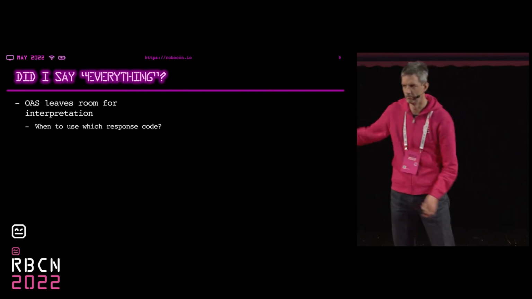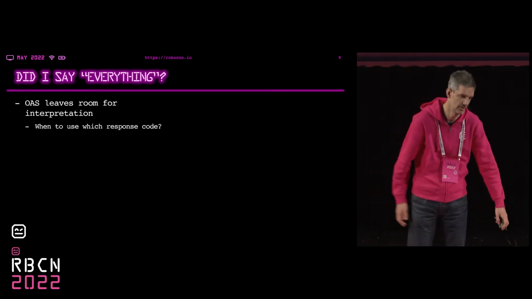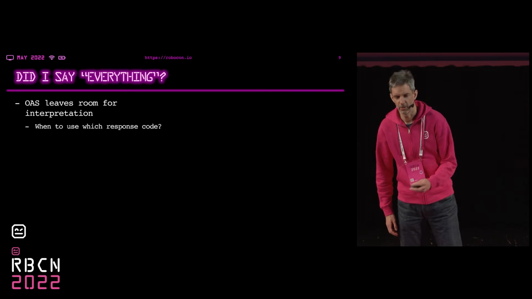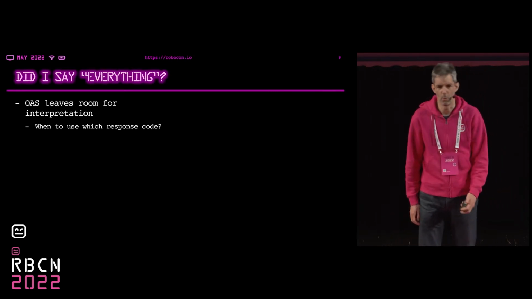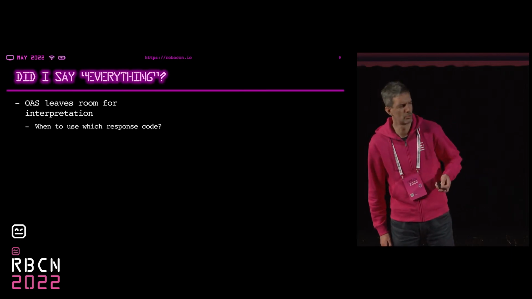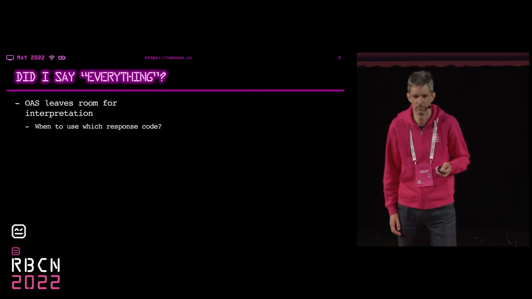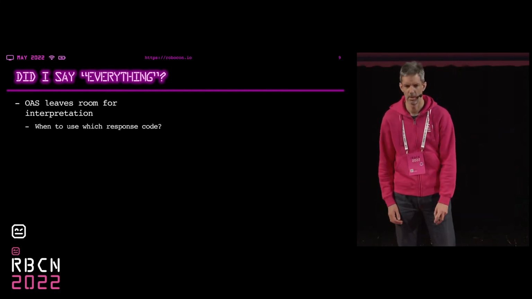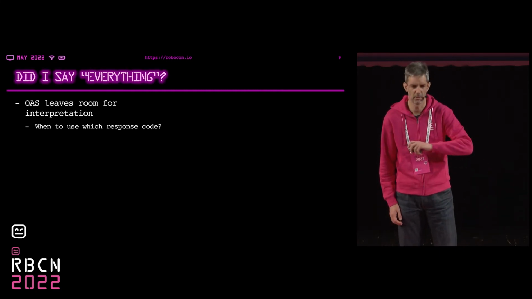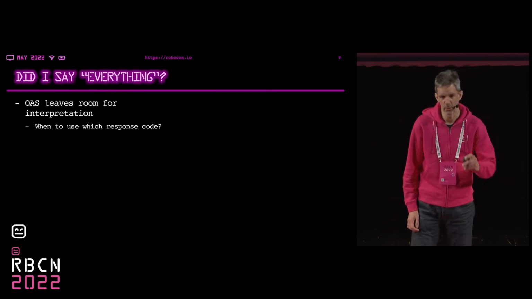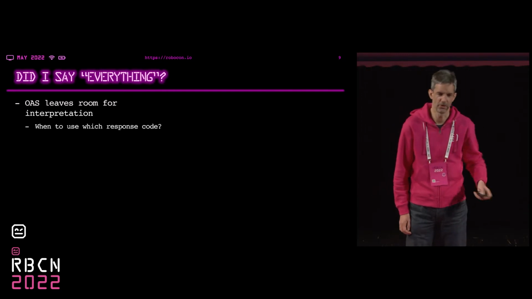It broke terribly, 200, it broke. It means okay, but then there's 201, 202, 204, and when do you use which one? There are some rules for that, sort of, but it's not strict or enforced or anything. And then when you go to the 400 error codes, it gets even worse.